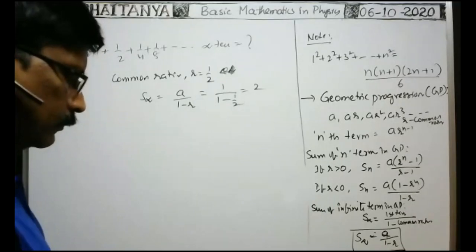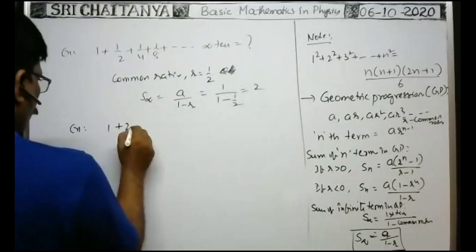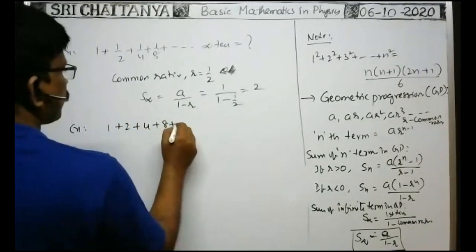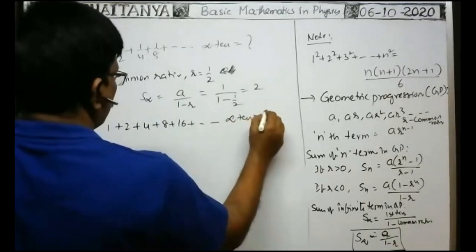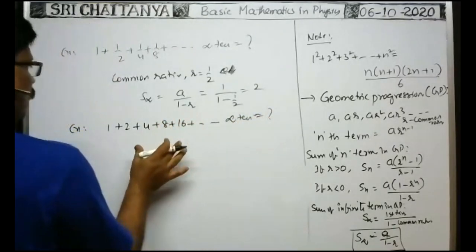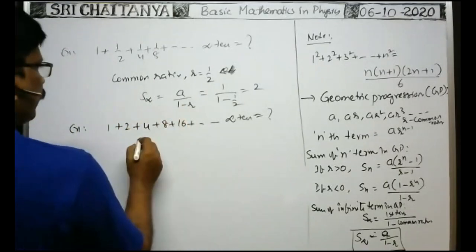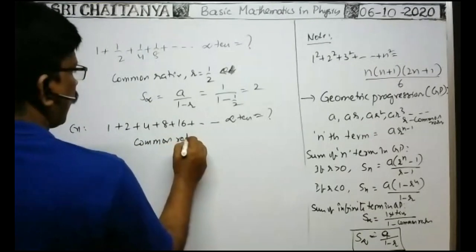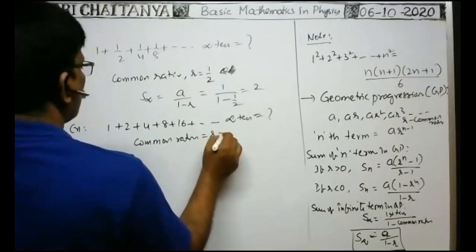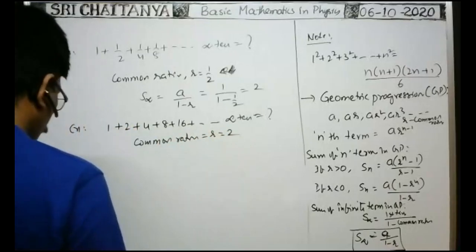Okay. Similarly, one more example. 1 plus 2 plus 4 plus 8 plus 16 plus and so on, infinite terms. What is the sum of the infinite terms? No doubt it is also in GP. Common ratio r is equal to 2 by 1, 4 by 2, that means common ratio is 2.